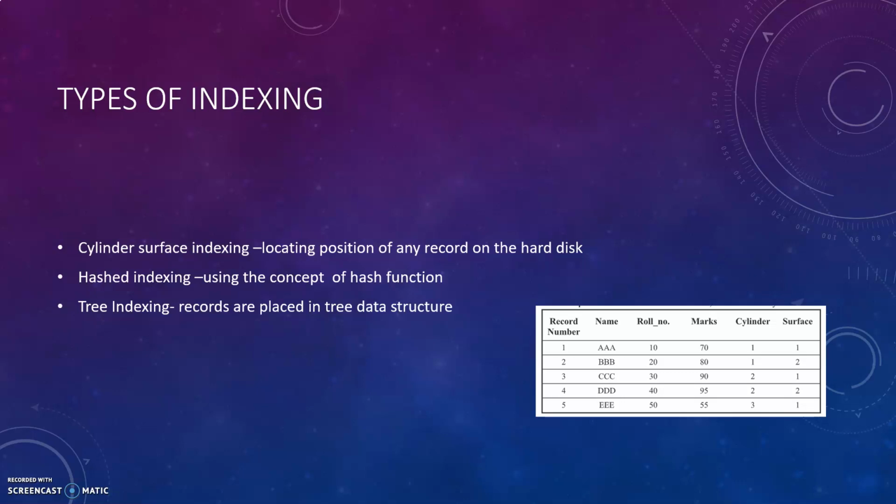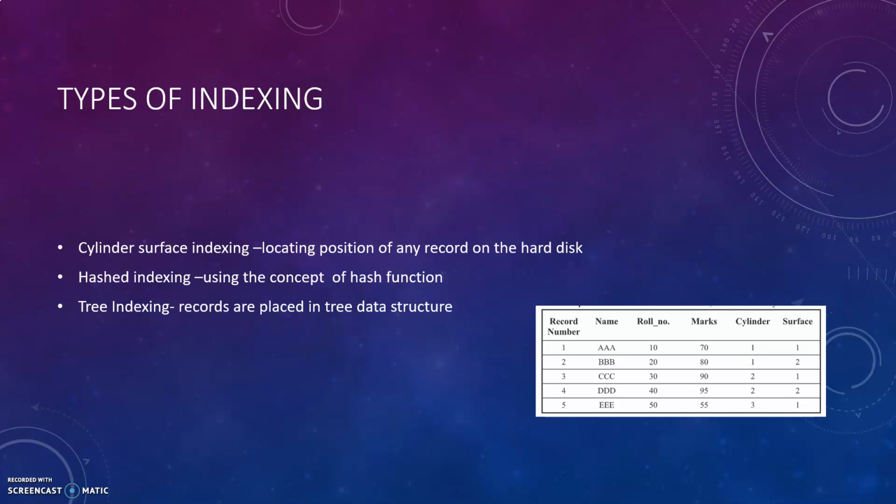Cylinder surface indexing is similar to the hard disk of your system, wherein the hard disk is divided into different cylinders, surfaces and blocks. So if you want to retrieve data, you will give the cylinder number and the surface number, and then you can retrieve that particular record.